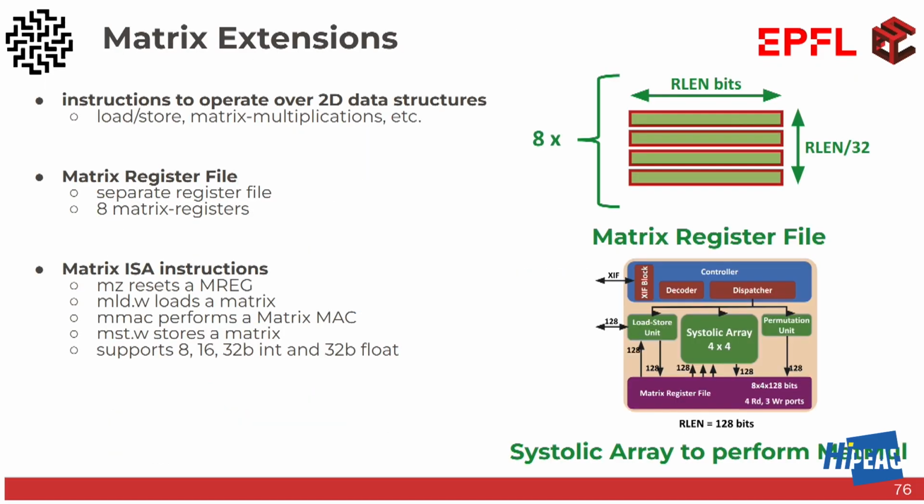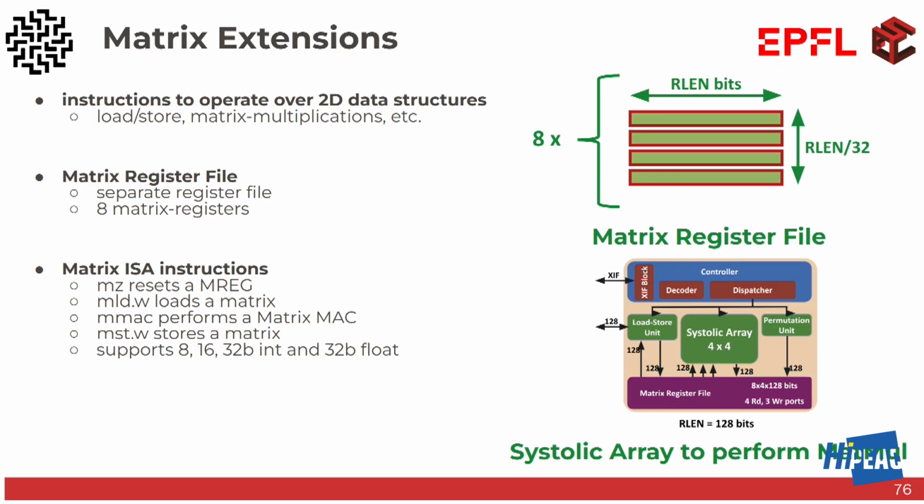Okay, another example, which is under discussion now in the RISC-V community, it's a very hot topic, is to ratify matrix extensions. So vectors are 1D data structures, matrices are 2D data structures. And if you participate in the RISC-V working groups, they're discussing a lot about that. Why?